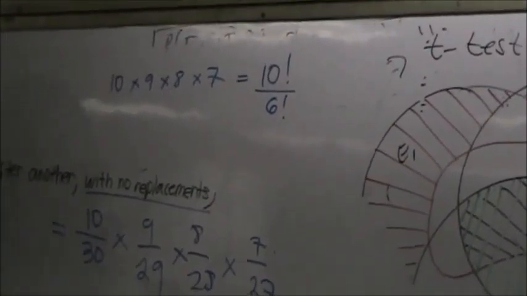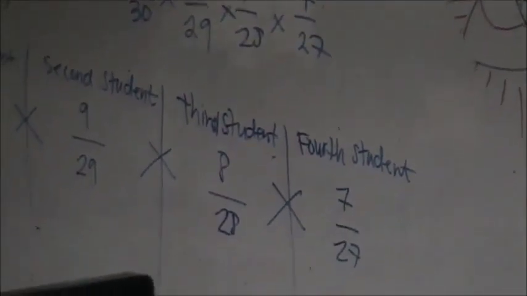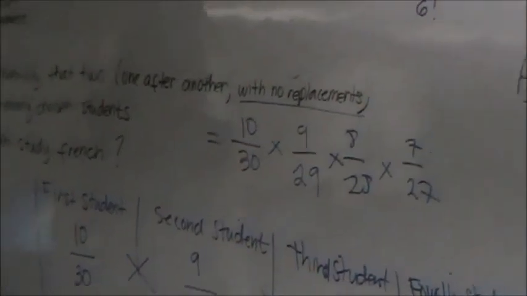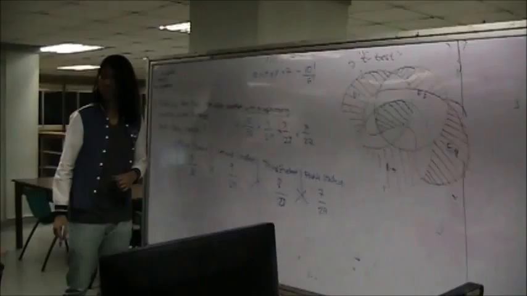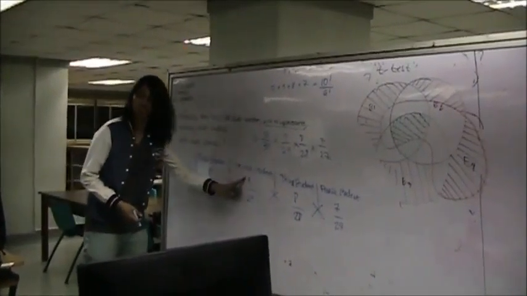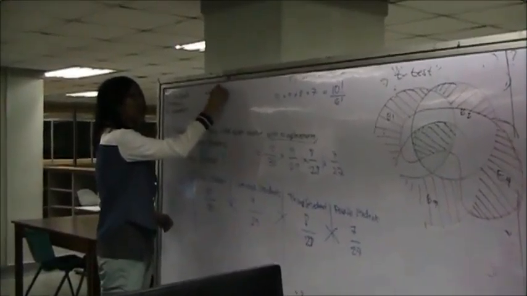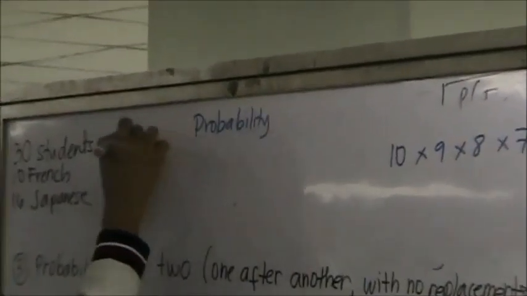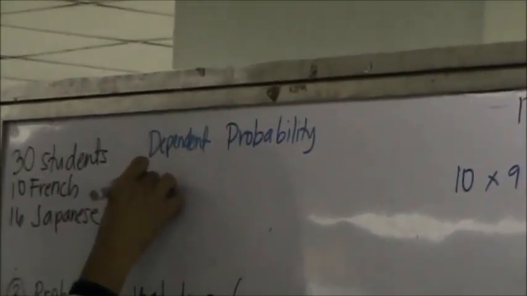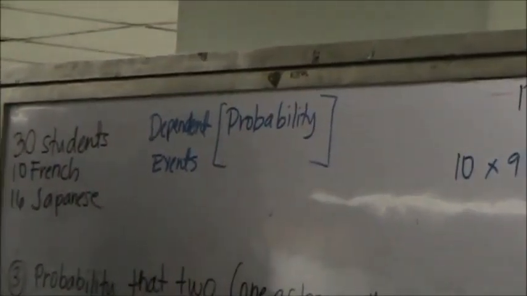Okay, but this is the trend that we're looking at. And this shows to you that these events are actually dependent. These are dependent events because the probability changes. And that's what we're going to study next time. Dependent events. Probability of dependent events.